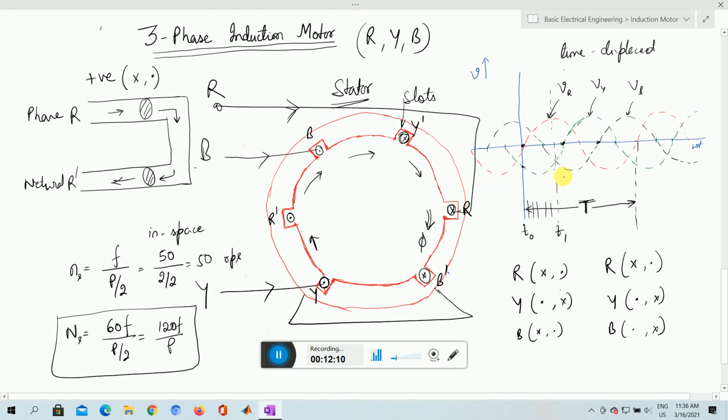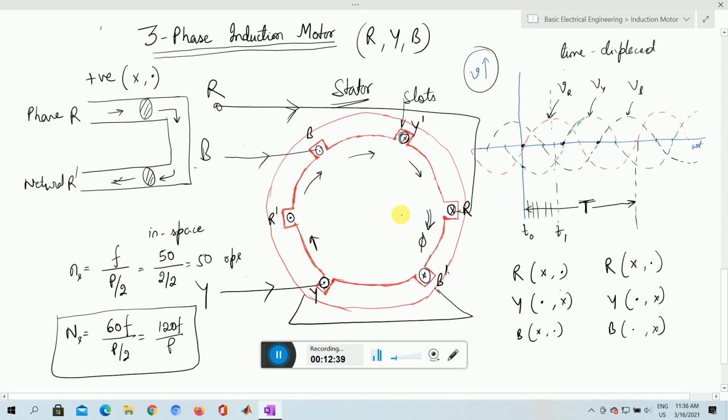So if the supply frequency increases, it will increase the speed of the flux. If the supply frequency decreases, obviously it will decrease the speed of the flux. And the magnitude of this flux, meaning the strength of this flux, depends on the amplitude or the value of the input voltage.